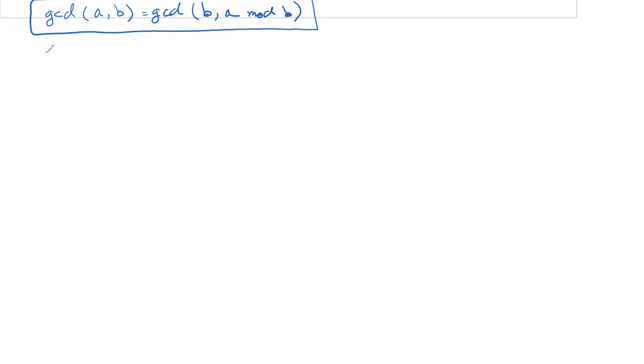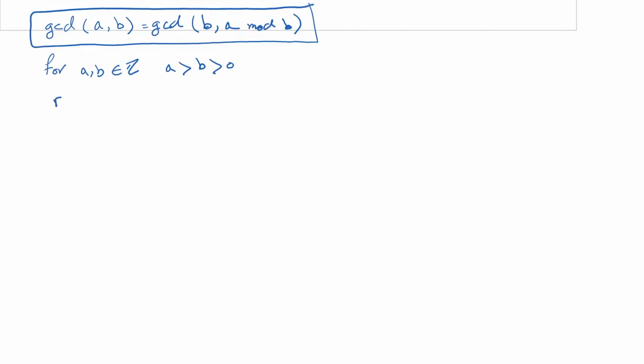So for A and B, we suppose that they are some integers in the set Z, so that A is greater than B and B is greater than 0. This is a condition. I'm going to define two variables, and then you will see why. It would help me to write down the equations in a better format.